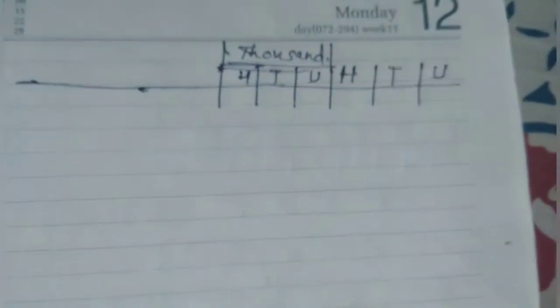it is grouped into 3. Okay, how is it grouped into 3? First I have hundreds, tens and units place. Again, there will be the next set of hundreds, tens and units place, and these will come under thousands.